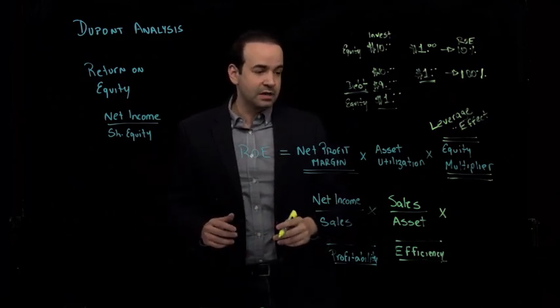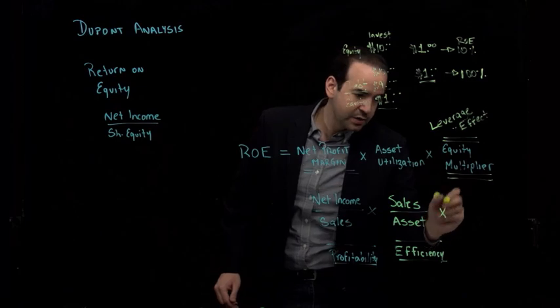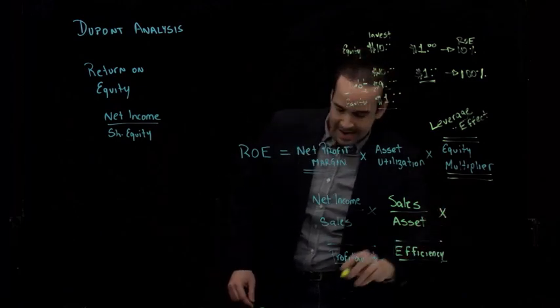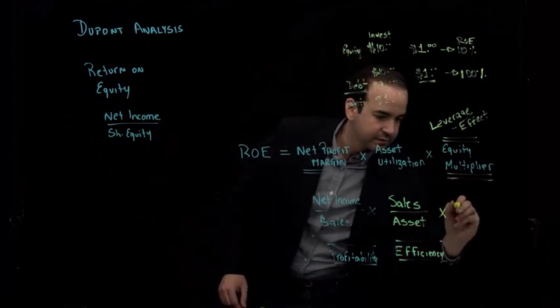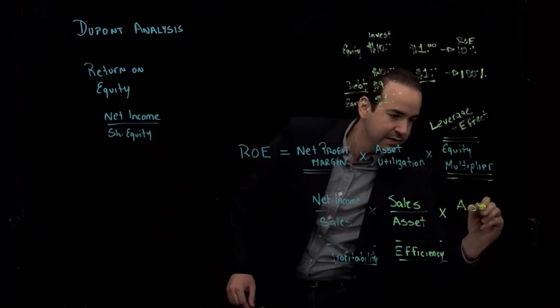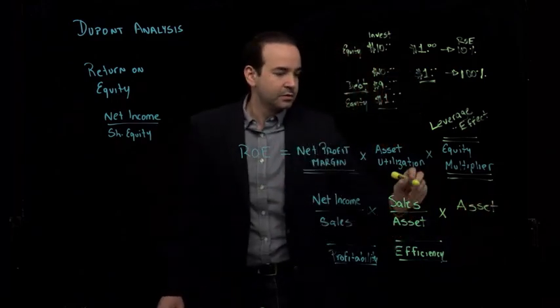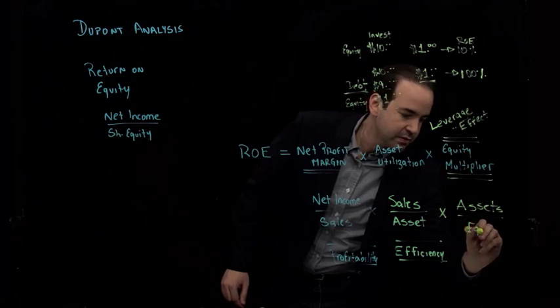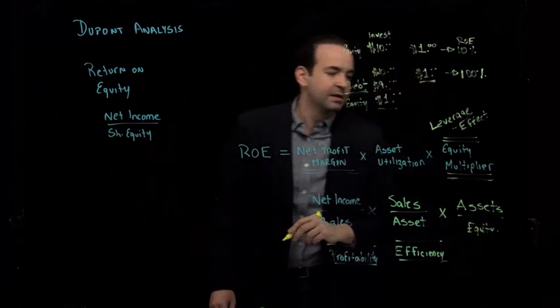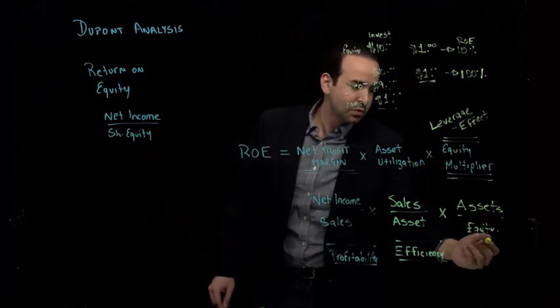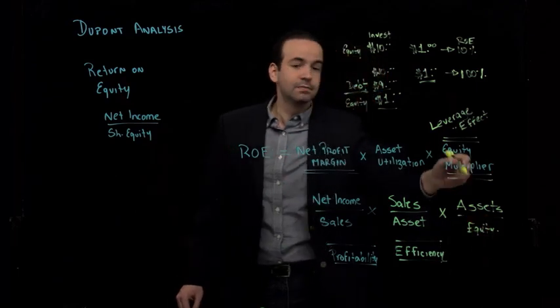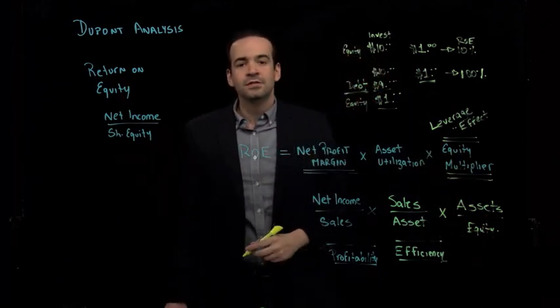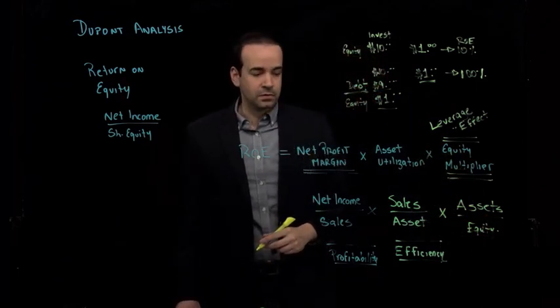Okay, so the equity multiplier is just assets divided by equity. So the name is actually very intuitive. You multiply equity by this multiplier and you have the value of the total assets of a firm, right?